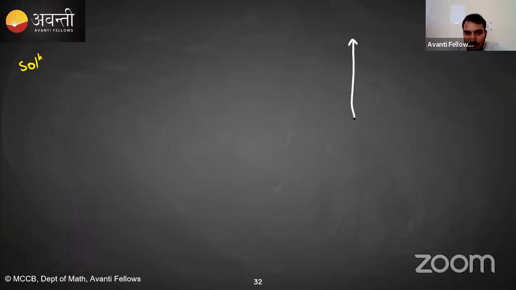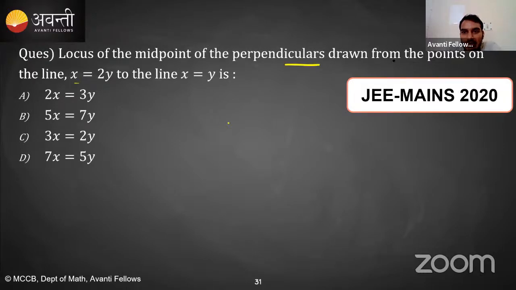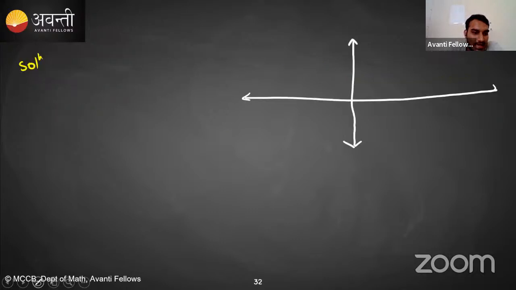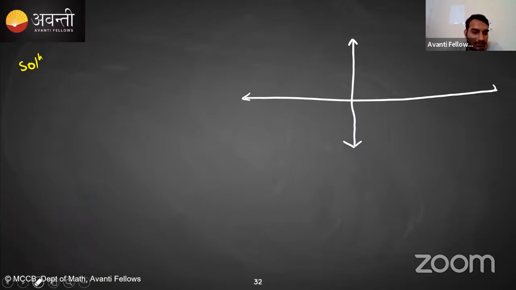So student, let's say, the question is saying that a perpendicular is drawn from the point on the line. The line is x is equal to 2y, so y is equal to x by 2. Both are the same, right?